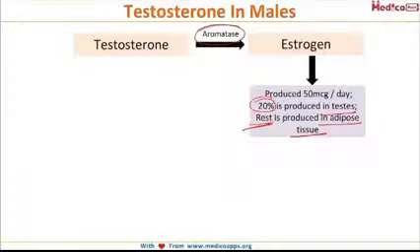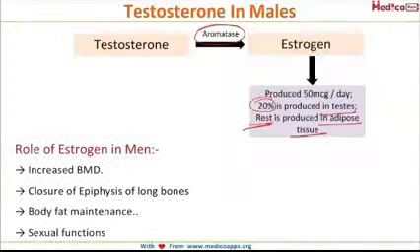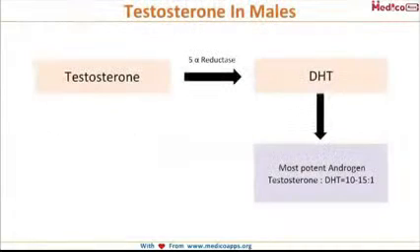Now, why is this estrogen produced in males? It has certain functions. What are these functions? This estrogen increases the bone mineral density. It causes the closure of the epiphysis of the long bones, and helps in body fat maintenance and the sexual functions. Now we said that testosterone is also converted into dihydrotestosterone. So what is the enzyme involved in that?